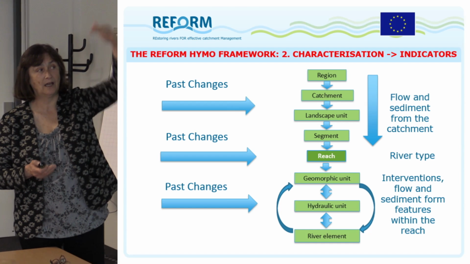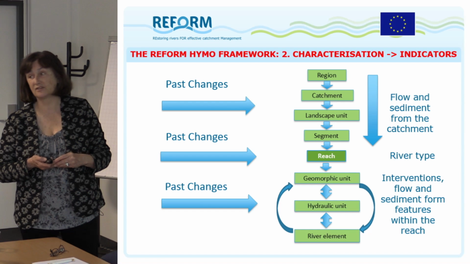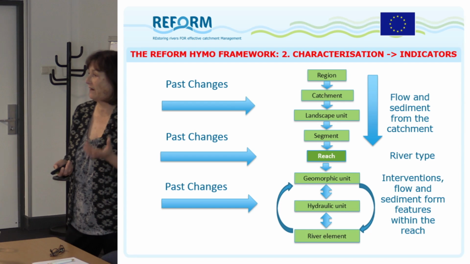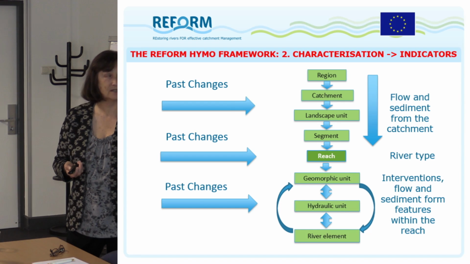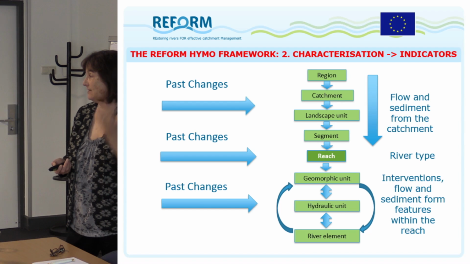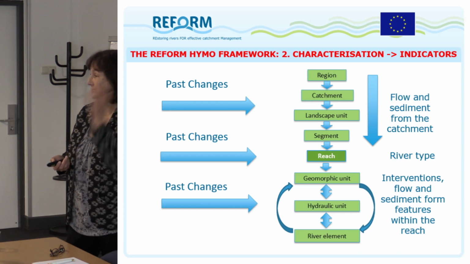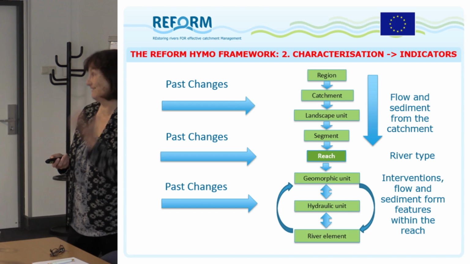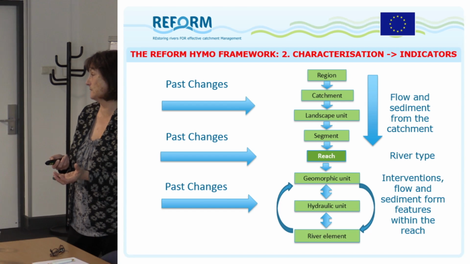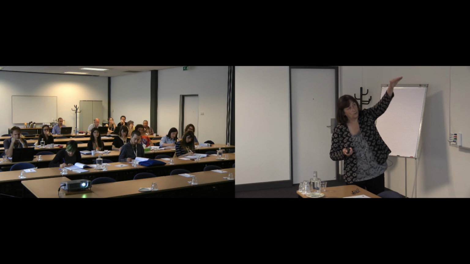We also look at larger spatial units than the reach, and there what we're trying to characterise is how those larger spatial units are delivering water and sediment to our reach. Because the hydromorphology is largely a function of river flows, sediment supply and sediment size, although vegetation is also important. So we try and look at that.